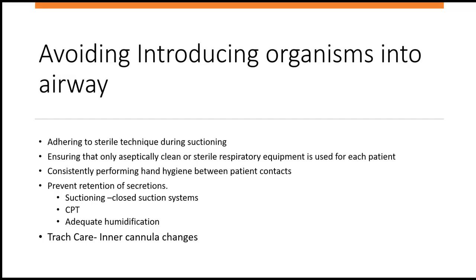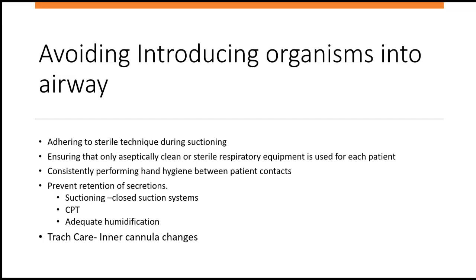So we also want to focus on preventing retention of secretions. We do that by suctioning our patients. Obviously closed loop suction systems are probably the most efficient at clearing the airway and maintaining a sterile environment.